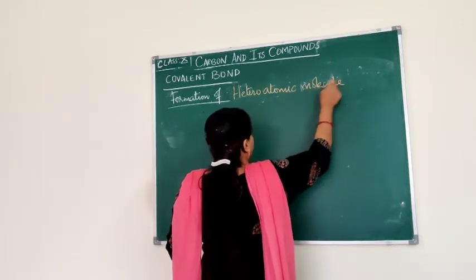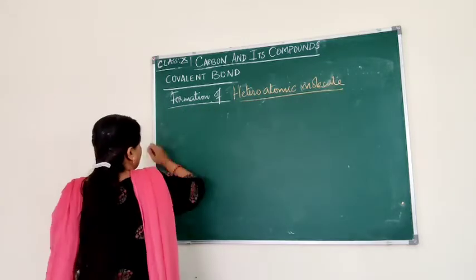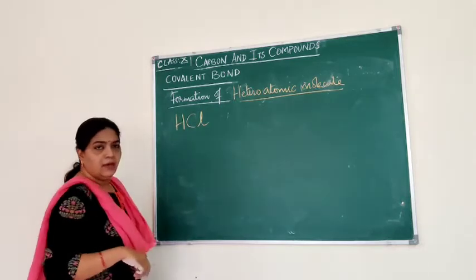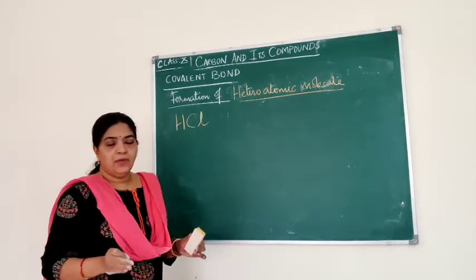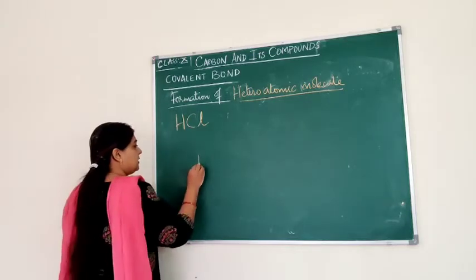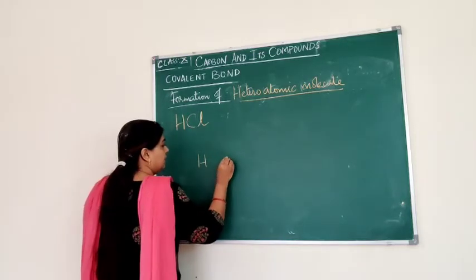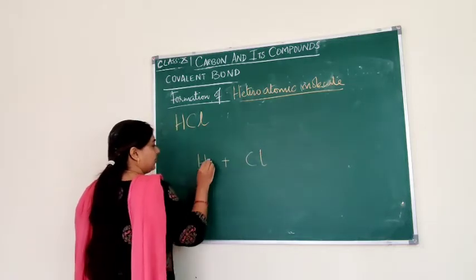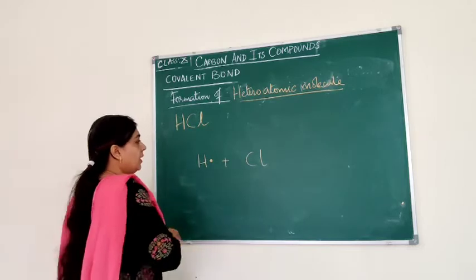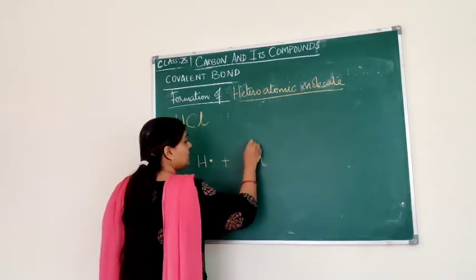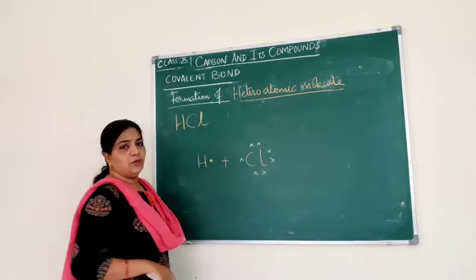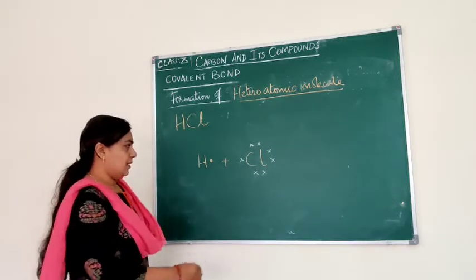So let us take a simple example. HCl. Formation of covalent bond in hydrochloric acid. So let us put hydrogen plus chlorine. Hydrogen wants only 1 electron to become stable, and the chlorine also needs 1 electron to become stable.